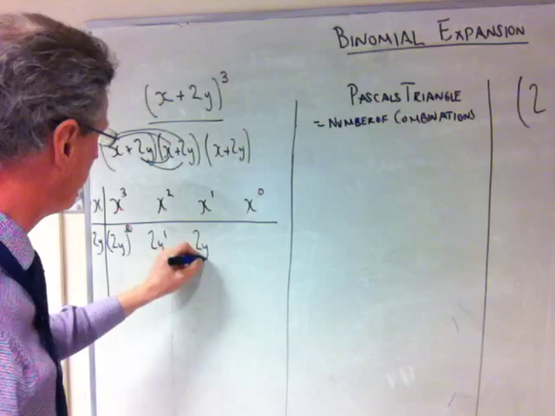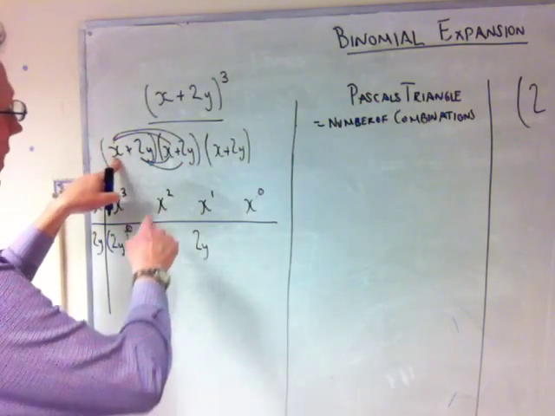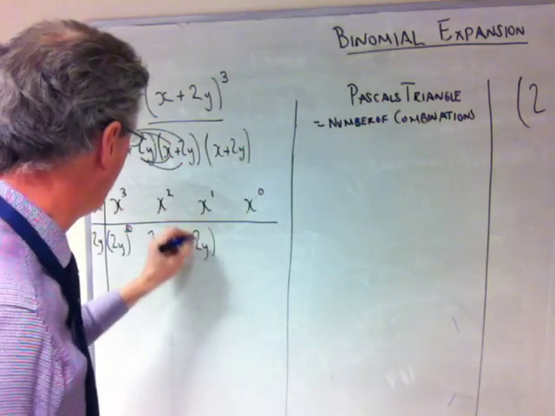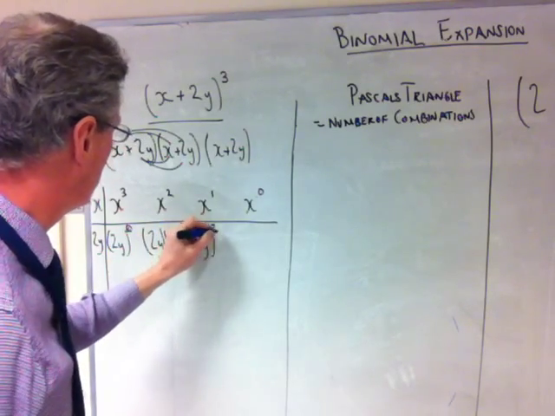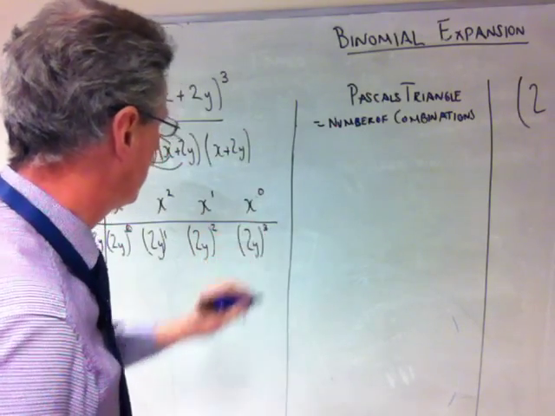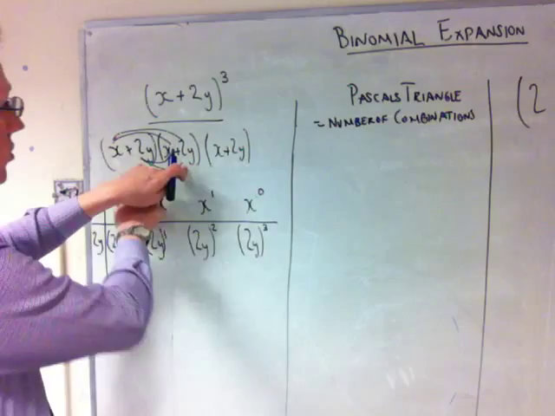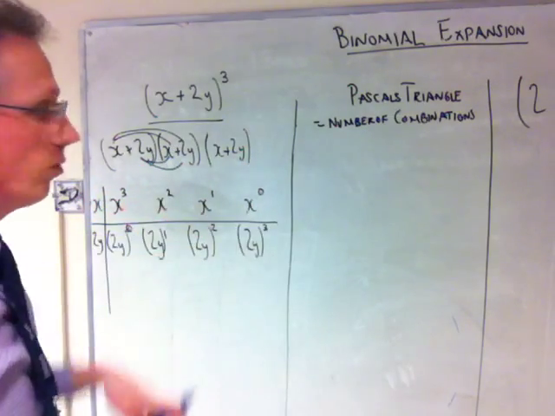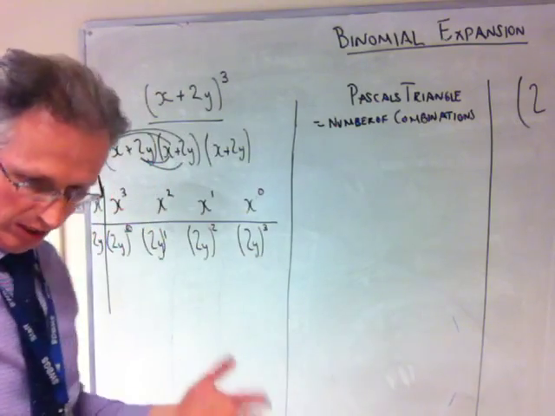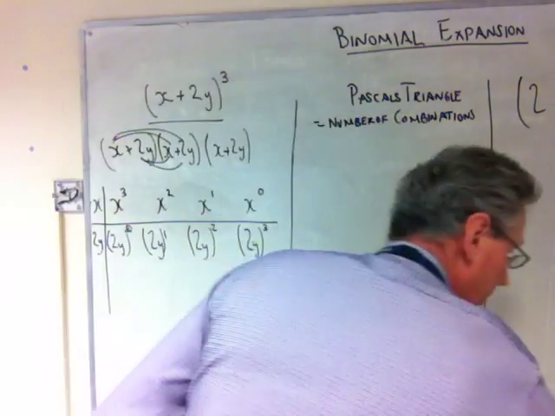And there'll be a pattern coming up. When we have 1x, we do 1x times 2y times 2y, which gives you 2y squared, and then lastly you'd have 2y cubed, which would be 2y times 2y times 2y, and there's no room for any x power. So we're starting to put together a structure that we can work to.